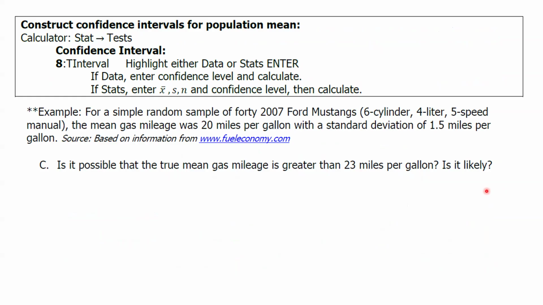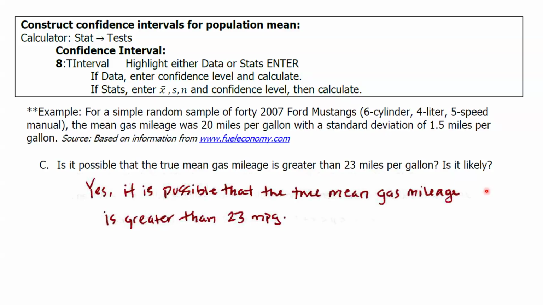For C, is it possible that the true mean gas mileage is greater than 23 miles per gallon, and is it likely? Well, yes, it is possible that the true mean gas mileage is greater than 23 miles per gallon. However, it is not likely. Why? Let's look at our confidence interval. Our confidence interval that we found was 19.52 to 20.48.